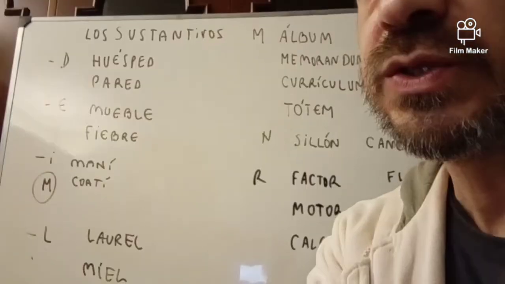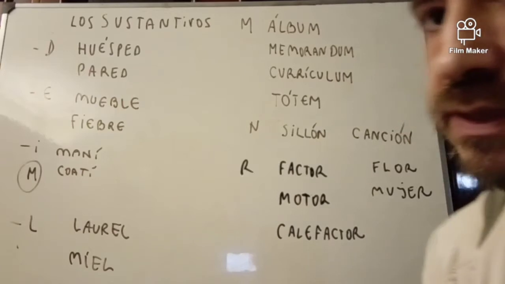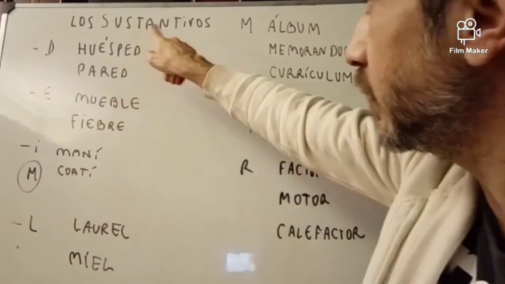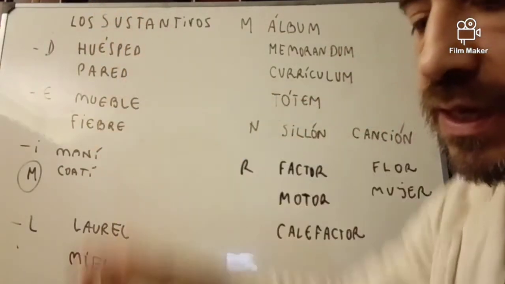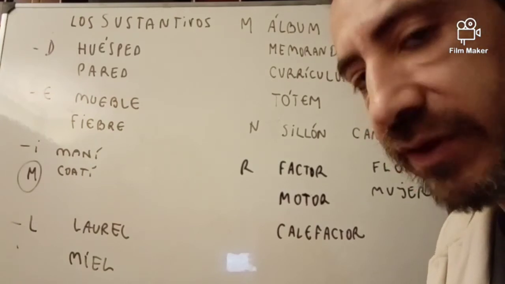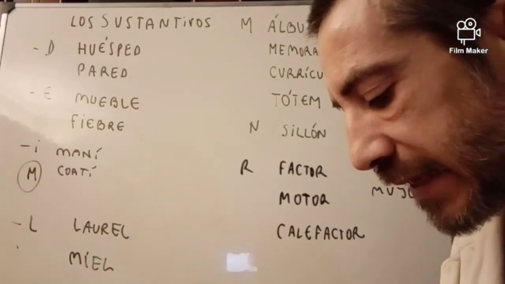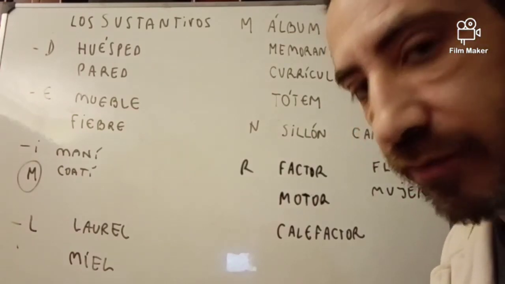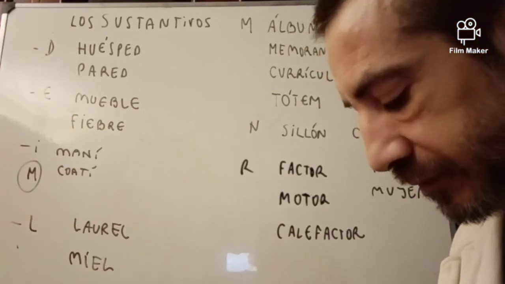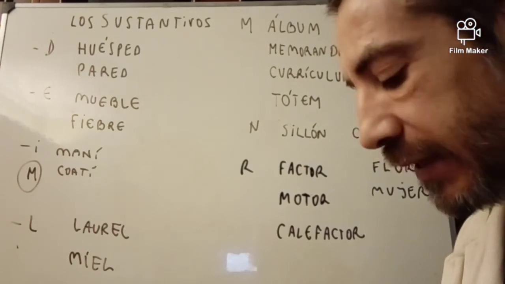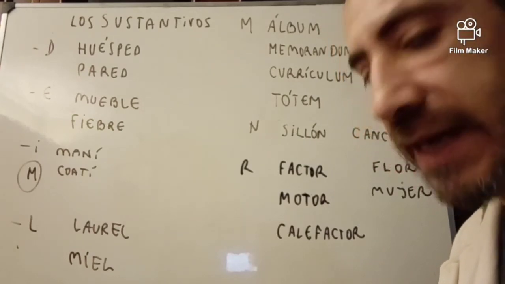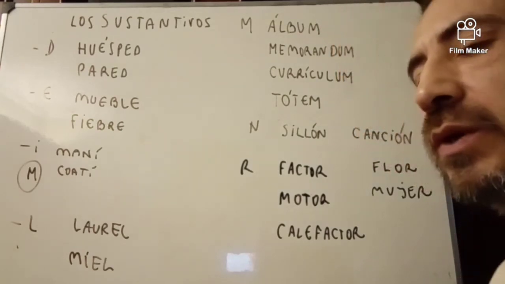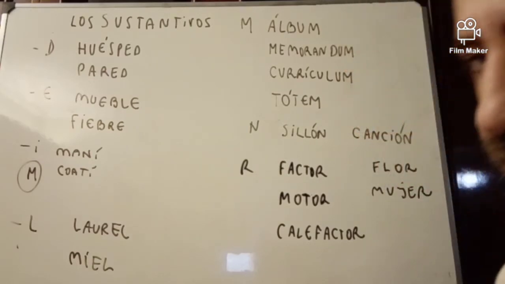So let's move on to further examples of nouns, sustantivos, because in the previous lesson we saw nouns ending with either A or O, I mean, feminine and masculine forms, but I told you that there were exceptions.